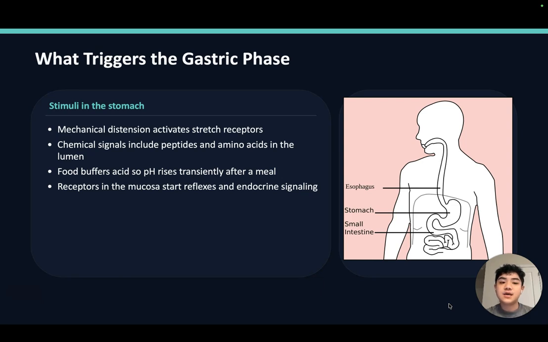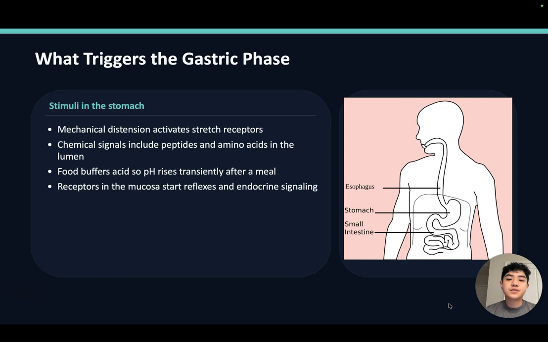Second is chemical stimulation. As the food begins to break down, the stomach senses peptides and amino acids in the lumen. These are strong signals because the stomach is designed to begin protein digestion early. Also, right after a meal, stomach pH can rise briefly because food buffers acid.